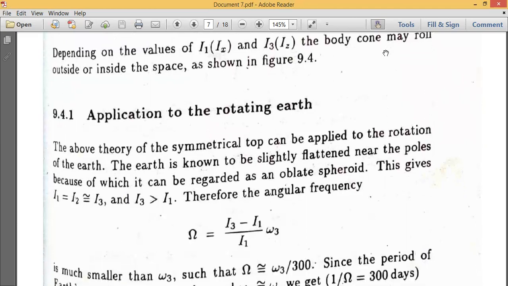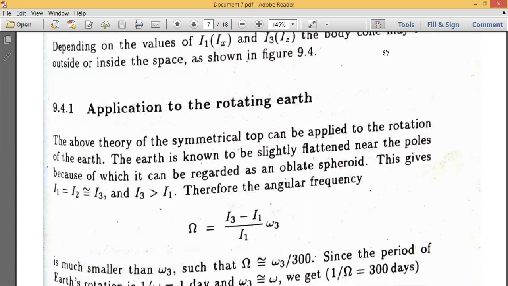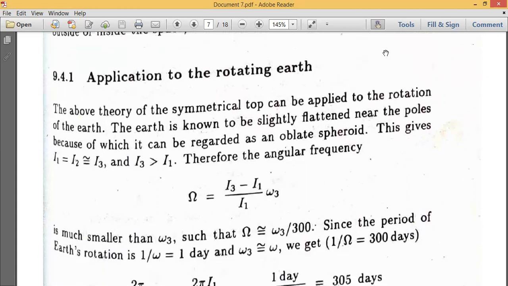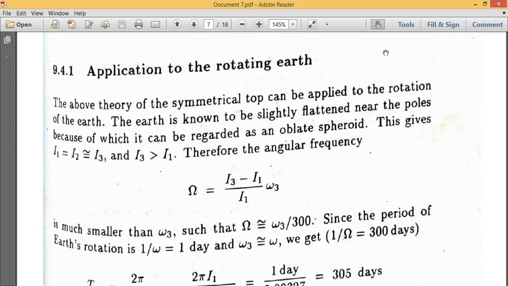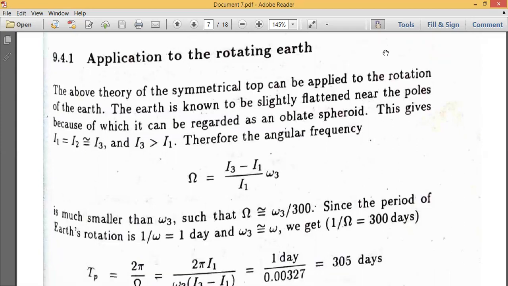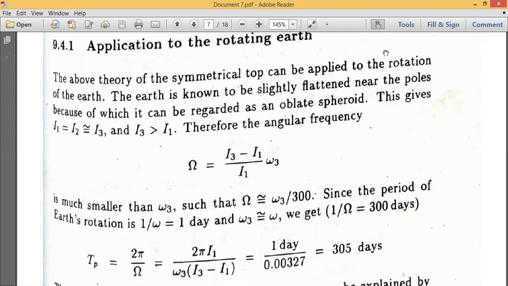Therefore, the angular frequency sigma, which is (I3 minus I1) by I1 times omega 3, is much smaller than omega 3, such that sigma, the angular frequency, is approximately equal to omega by 300.